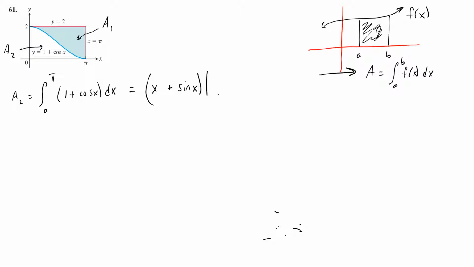And now we have to evaluate this from 0 to pi. And so we have pi plus sine of pi minus 0 plus sine of 0. Sine of pi is 0, and the sine of 0 is 0, so the answer is pi. So the area of the shaded region, the answer to this problem, is pi.